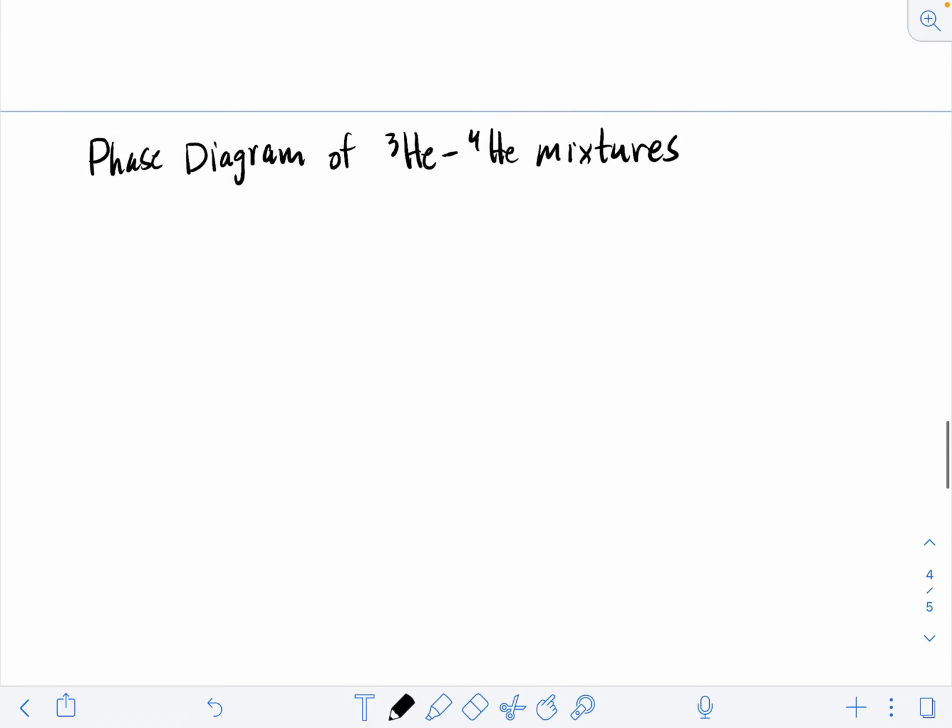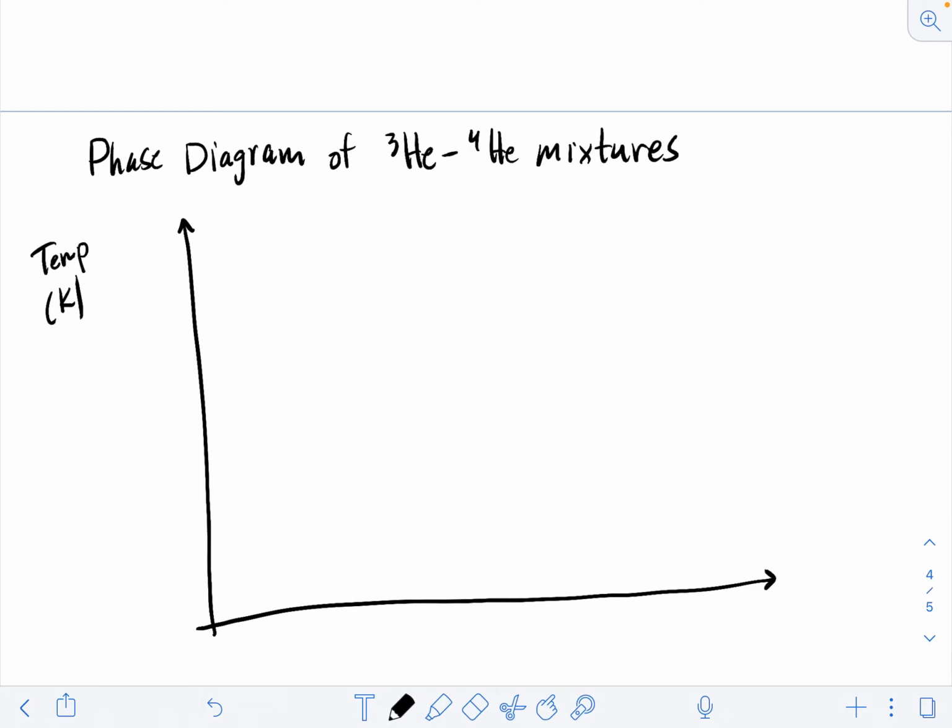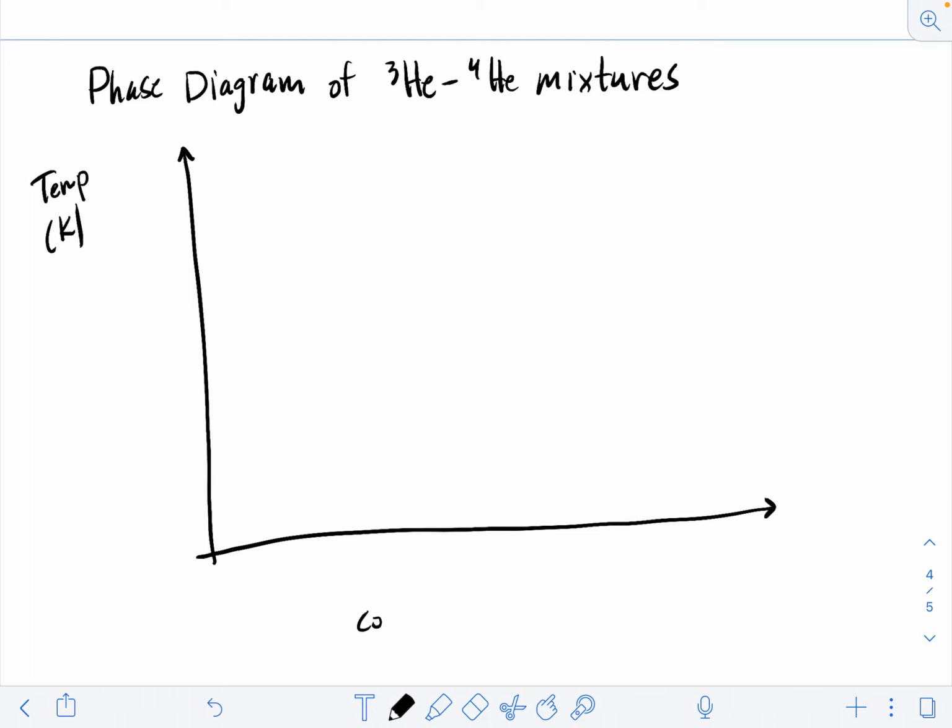Okay, and so what this is going to look like is we're going to have temperature on one axis, and so this is temperature in Kelvin, and then along this axis we're going to have concentration of helium-3, and so we'll denote that X. And I'm going to try to draw this with an accurate scale if I can.